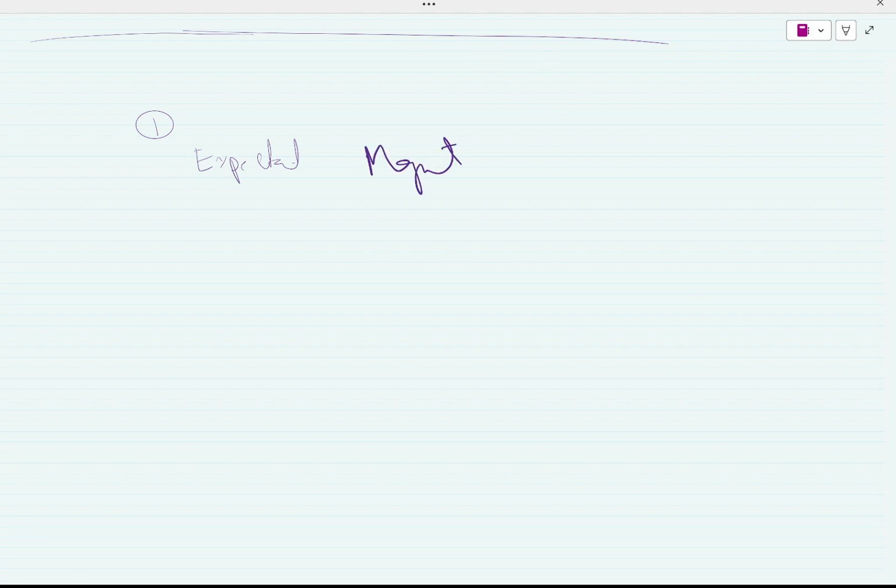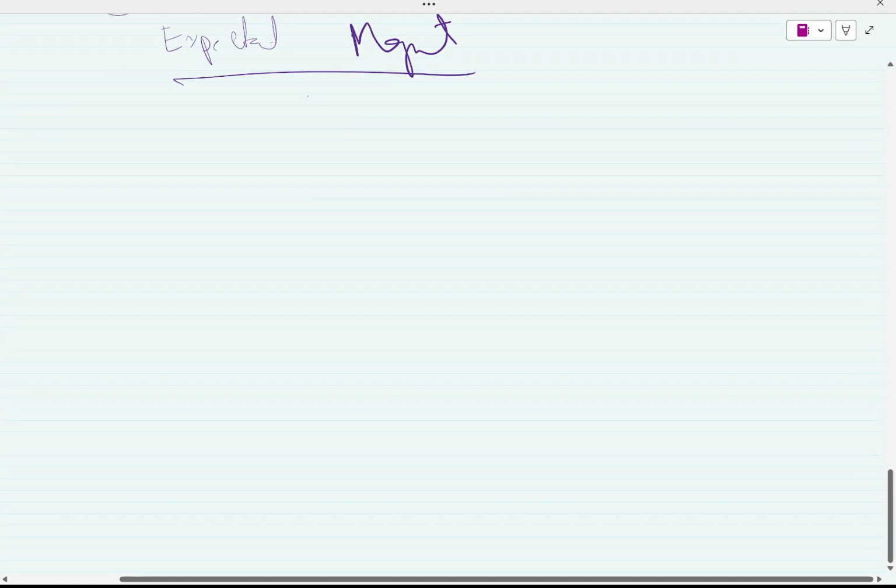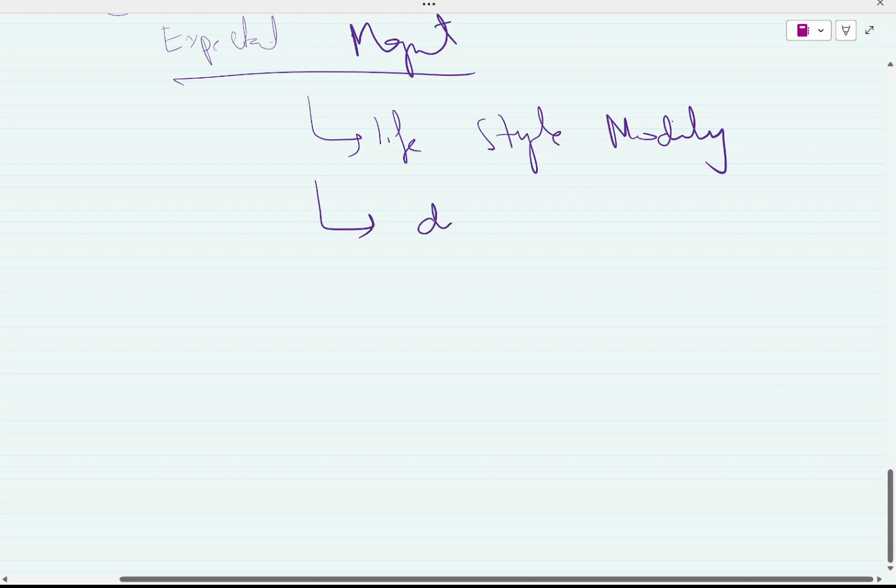So what is expectant management? We give the patient lifestyle modification. Obesity is also a risk factor, so we ask the patient to run, jog, do yoga or any cardio activities. Next, take a low fat diet.